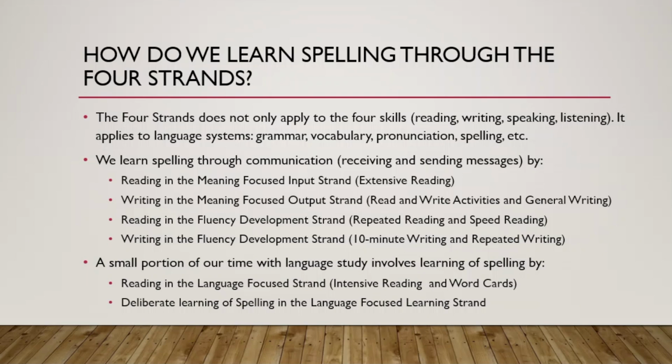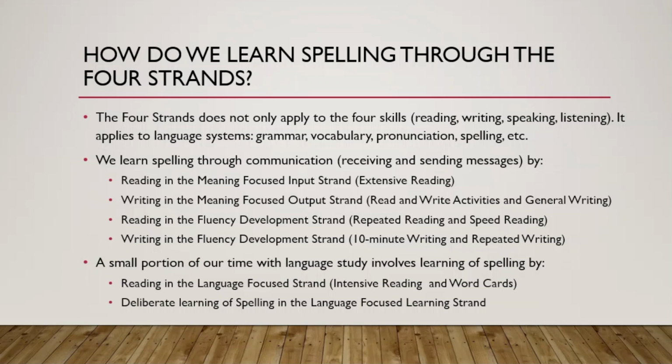So, how do we learn spelling if we're using the four strands to balance our course? Learning spelling, you learn it the same way as you learn grammar, as you learn vocabulary, as you learn pronunciation. Just a small portion of the course needs to be spent with deliberate learning.